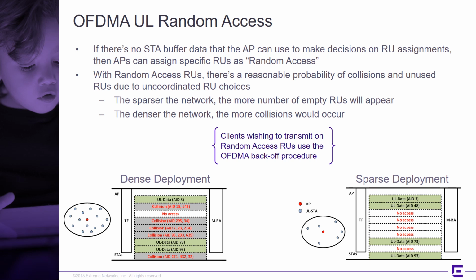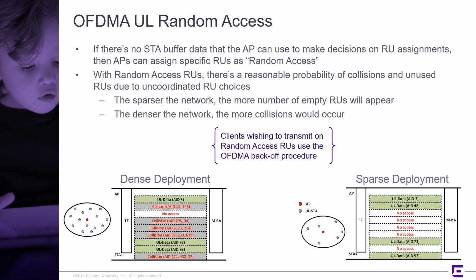So for uplink transmissions, we certainly want the AP to be able to assign very specifically the RUs for each station rather than leaving them as random access, which can cause really bad inefficiencies. The more sparse the network is, the fewer clients it has active. If we're using random access, the more of the RUs are going to be empty, and that's not very efficient.